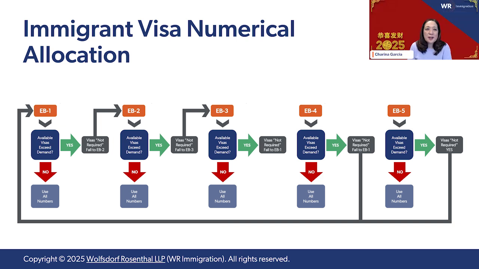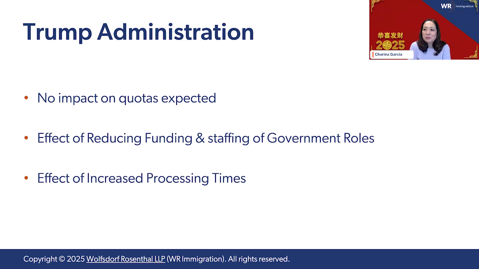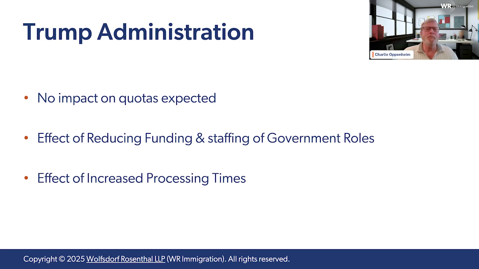Okay, gotcha. So if we go to the next slide, let's now talk about the Trump administration and what we can expect the impact will be, with all the changes and the executive orders, on the Visa Bulletin. Well, I think it's important to remember that much of the Trump empire is built on business endeavors and employment.